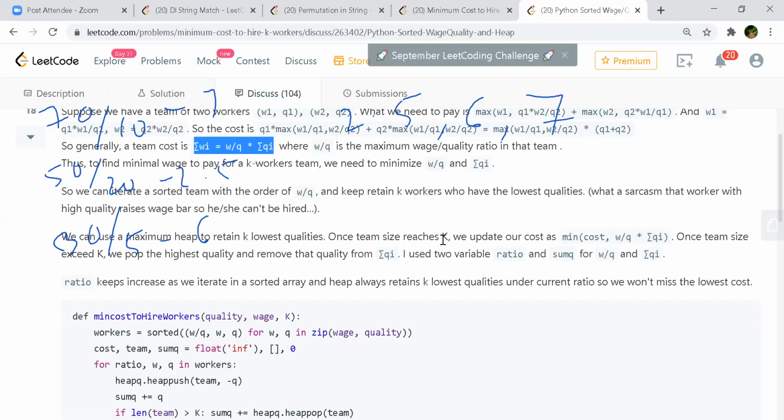What Shashank is saying is right: a maximum heap to retain the K lowest qualities. So now we have this one sorted. In this sorted array we can have a pair, where each ratio corresponds to its quality, right?